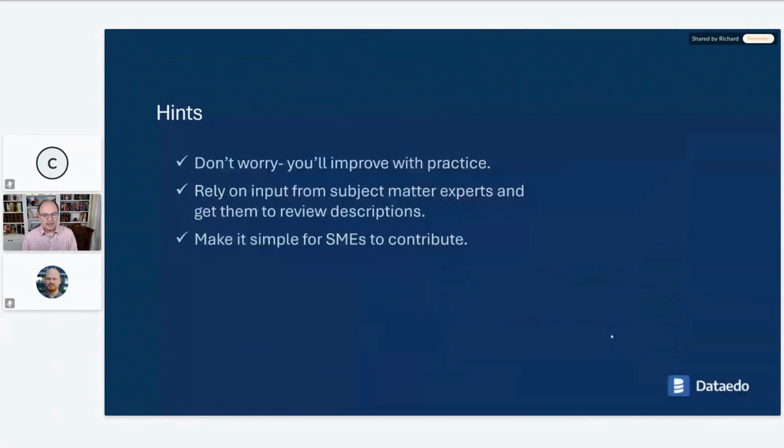Okay, some hints about writing descriptions. The first one is don't beat yourself up. This is really hard work. It is a skill, and that skill needs to be developed over time with practice. Don't beat yourself up if you find that you don't like the descriptions you're writing. If a user suggests an improvement, take that constructively and move on.